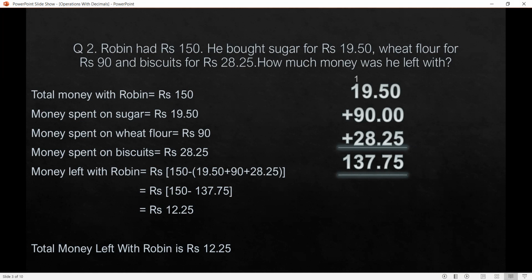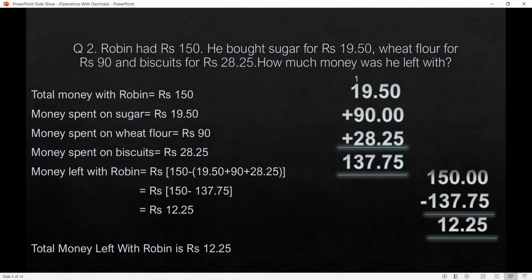Money left with Robin equals rupees 150 minus the sum of these three. When we add these three, we find that he spent 137 rupees 75 paisa. So we subtract it from 150 and we get the remaining money, 12.25. So the total money left with Robin is rupees 12.25.